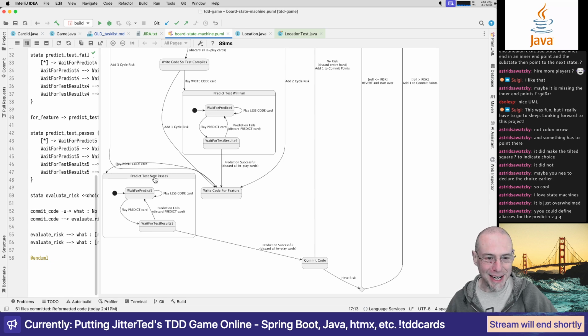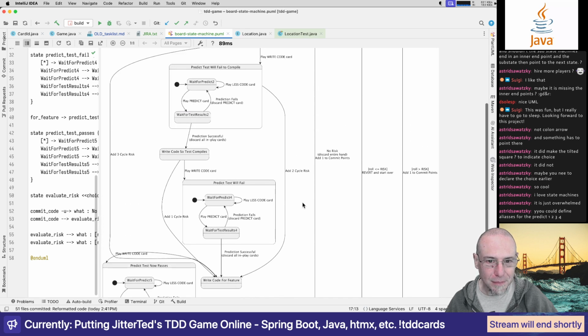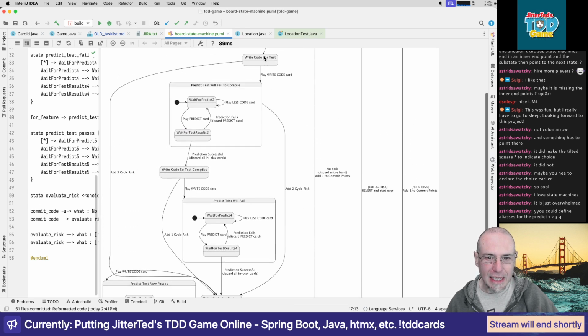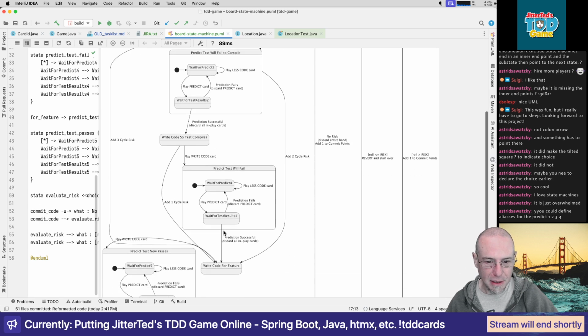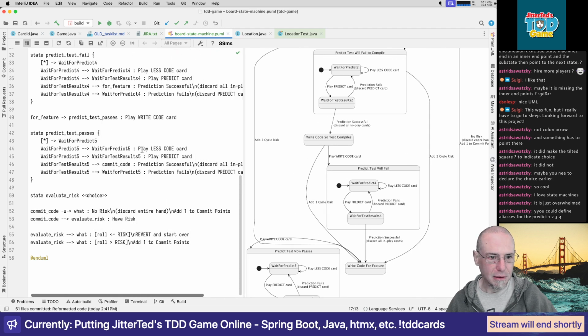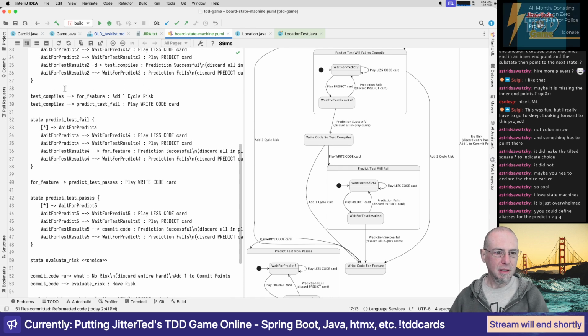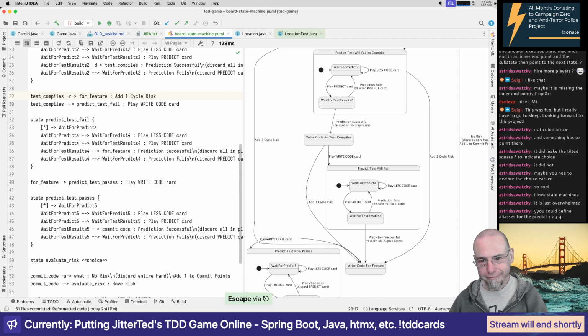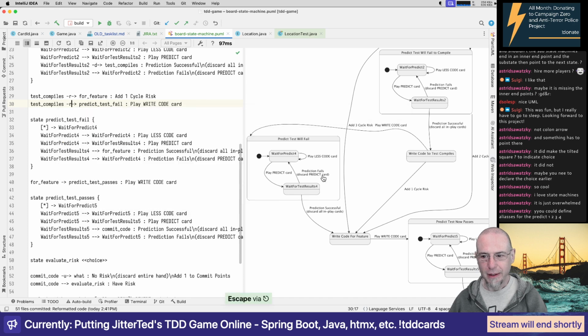This is where I want to just drag and drop it, and I can't. Because I'd like this right code for test to go to predict now passes to also be right. This I'd like to be right. Right code so test compiles. So add 1 cycle risk. What happens if I add an R here? Nothing. Well, that did something.